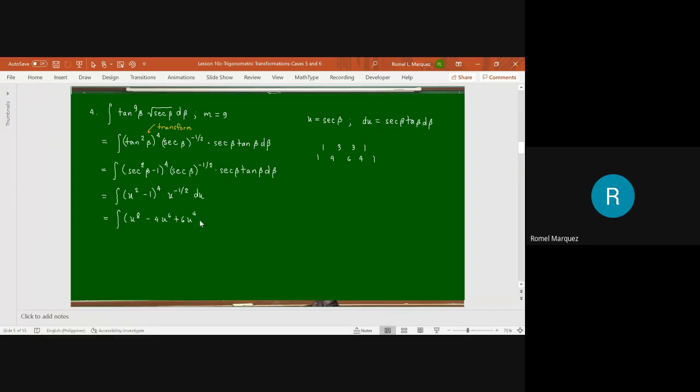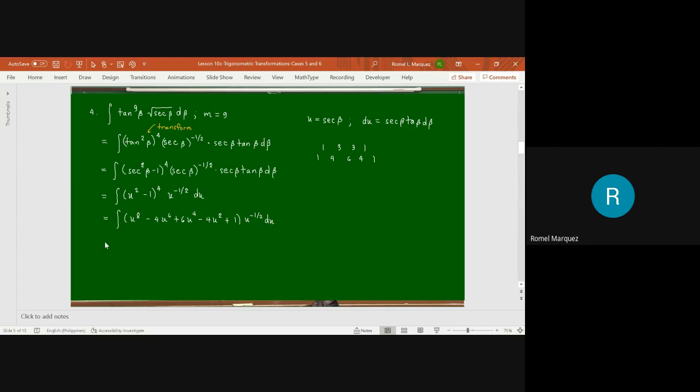So that is 1 minus now of 4u squared times raised to 3. Then the last one raised to 4. The second, sorry, multiply to u to the negative 1/2.